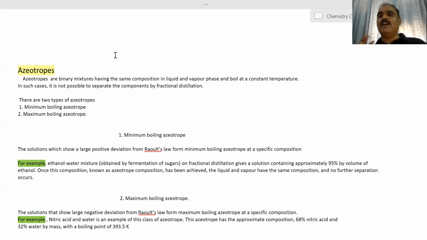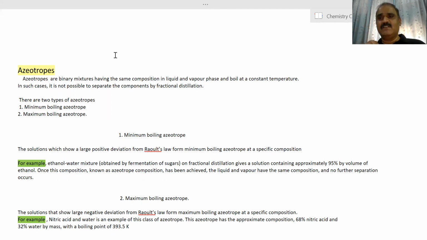For example, I have 1 liter of pure water. Component, I call it component 1. Only 1. So in 1 liter of pure water, the mole fraction of water X1 will be 1 because nothing else is there. I boil it. I reduce it to half. Now it is 500 ml. What is its mole fraction? 1. Because still it is pure water.